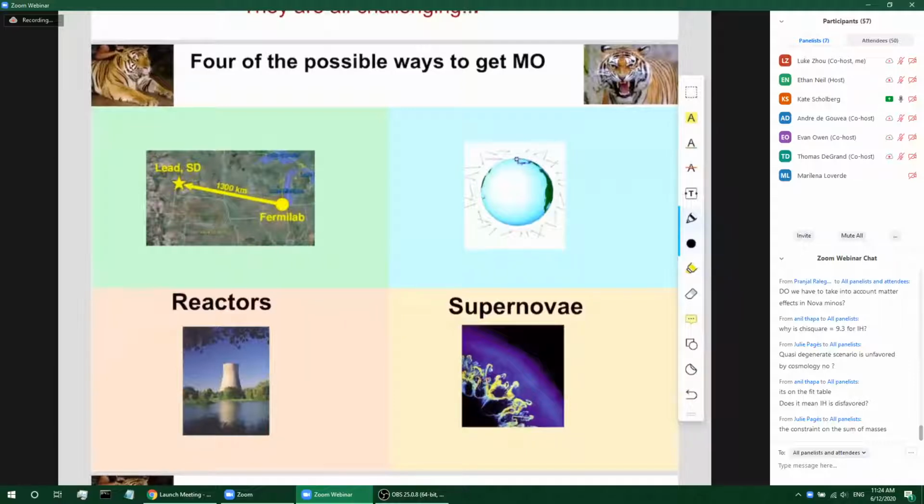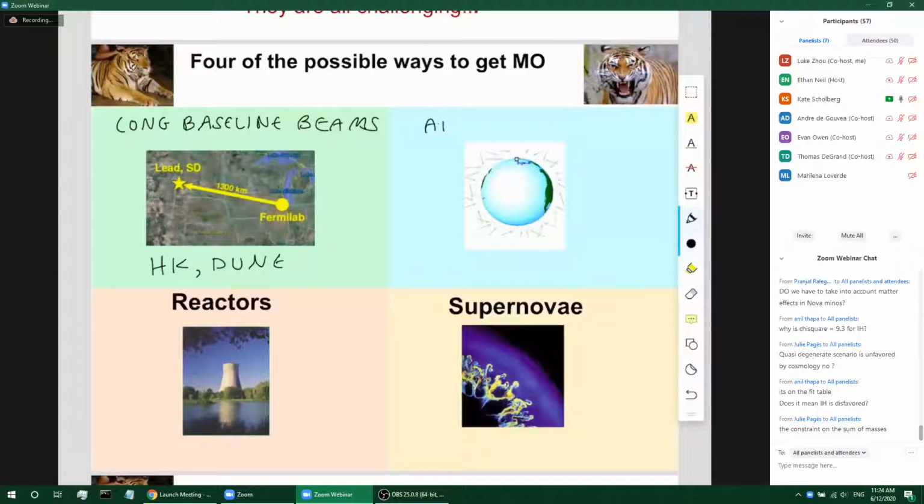Okay, so now let me talk experimentally about how we get at the mass ordering. One way, and this is really the cleanest way, is with long baseline beams. I will say a little bit more about that. Examples are Hyper-K, DUNE.